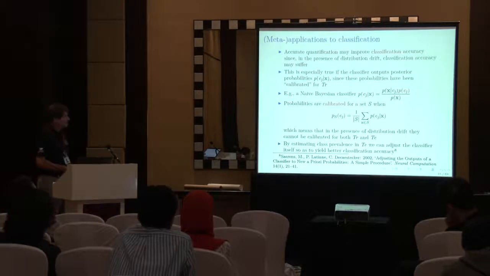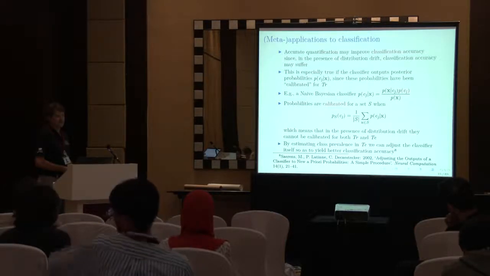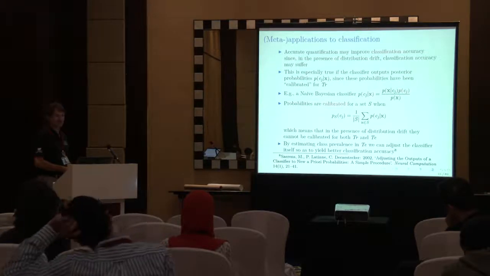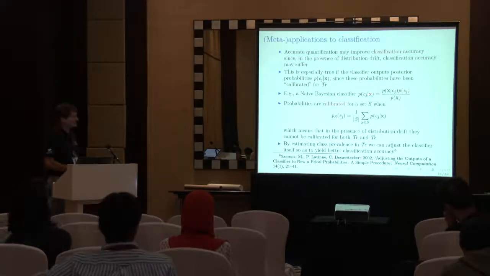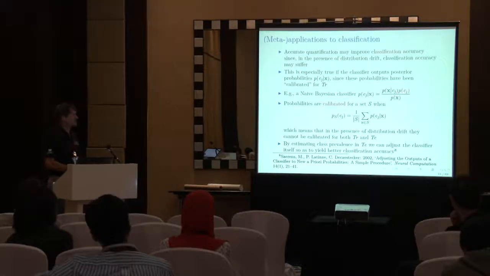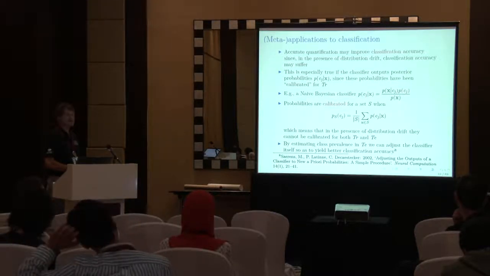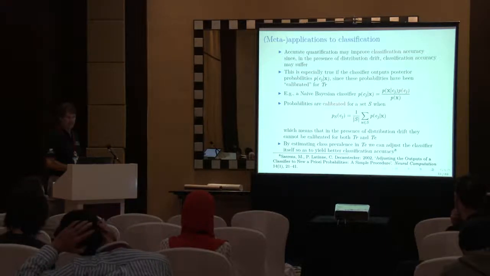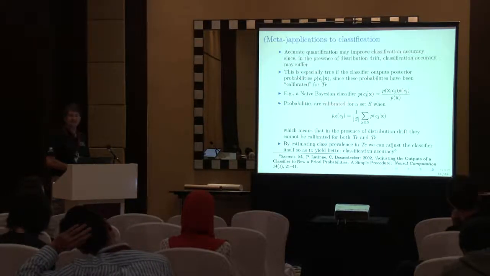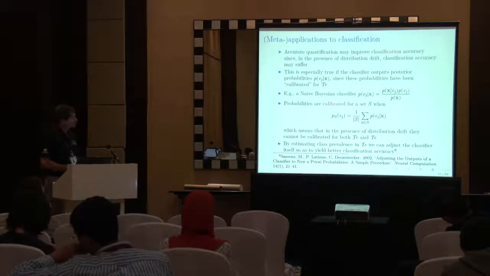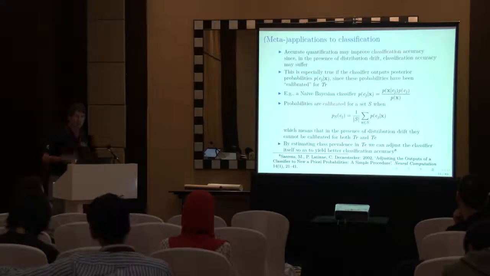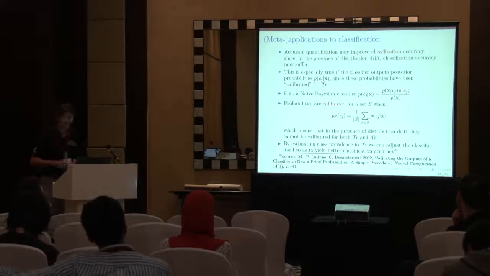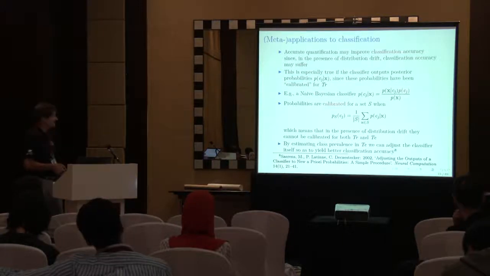If we compute this formula for all of the available classes and then take the class which receives the highest confidence, it's quite clear that the result is influenced by the class priors. So if the class priors change, then the class that receives the highest score tends to change. It would be beneficial to re-estimate how these class priors are in the test domain if distribution drift has kicked in.